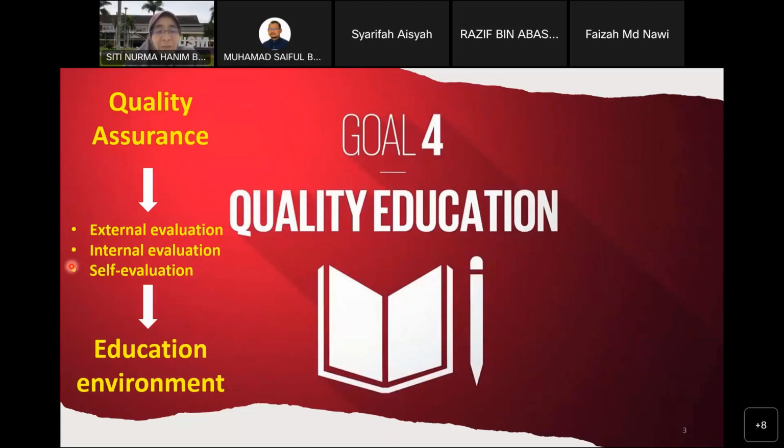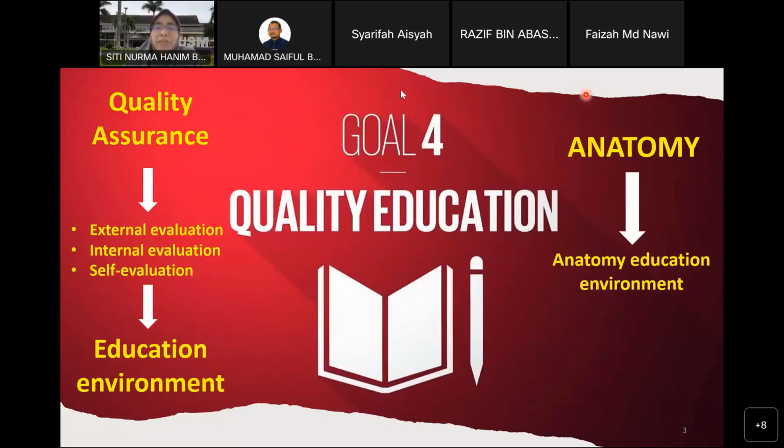So what do we measure? Of course, the elements in the education environment. So for anatomy, we have to measure the education environment that is specific to anatomy. And prior to our research, our initial aim was that we wanted to know how our students perceive the anatomy education environment in our institution. Unfortunately, at that time we didn't have a specific, valid and reliable tool to measure the anatomy education environment.